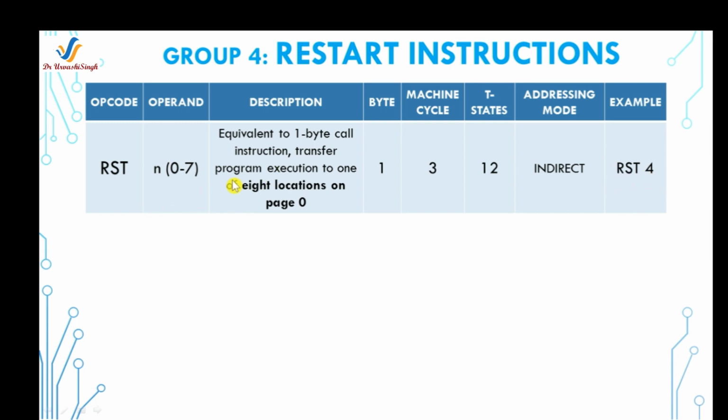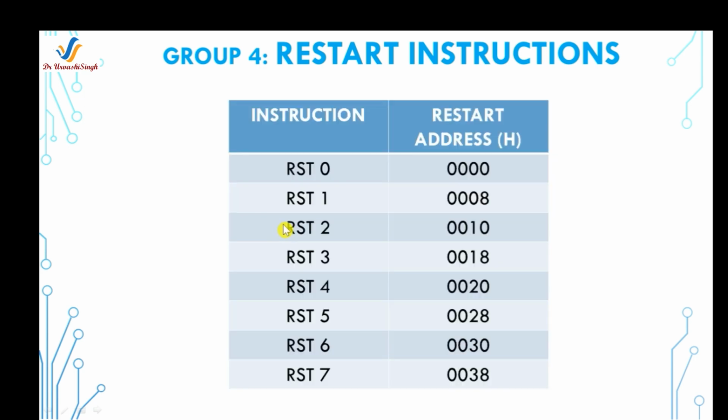It is similar to a 1 byte call instruction. It means that it will also transfer the program execution to certain locations, and these locations are the page 08 locations. So RST 0 will transfer the control to this address, RST 1 to 0008 and RST 2 to 0010.